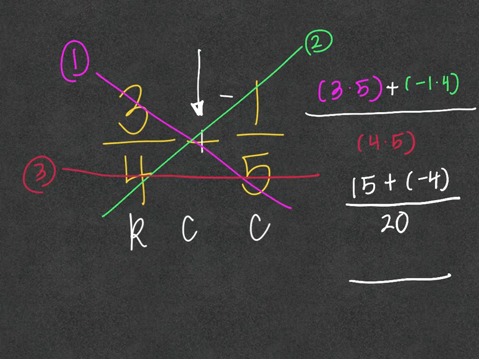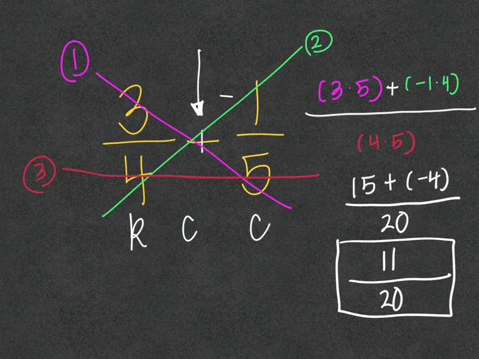So 15 plus -4 is 11, and our 20 stays like that because we already did the math there. And 11/20ths, 11's prime, so there's no lower terms to put that into.